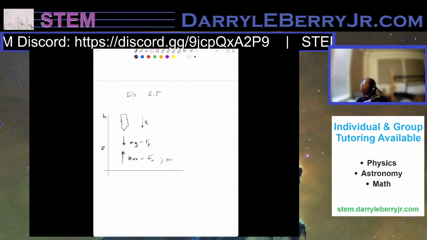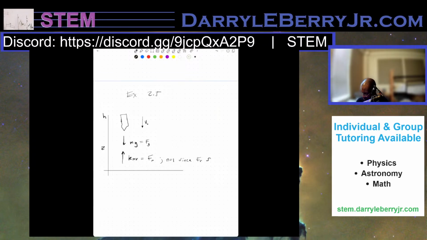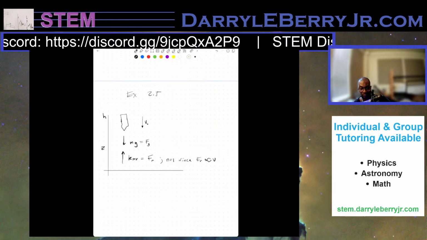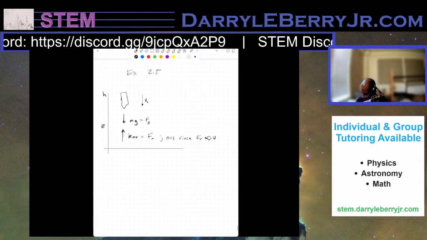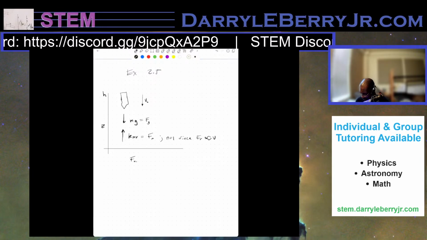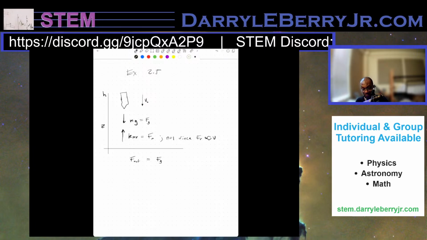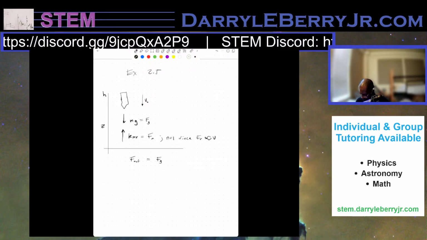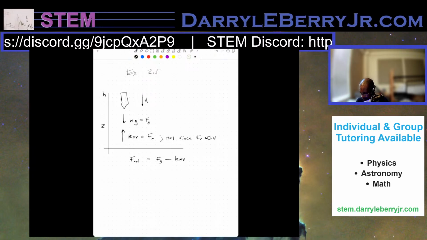So n equals 1 if r is proportional to v. All right. We have F net equals Fg minus kmv.